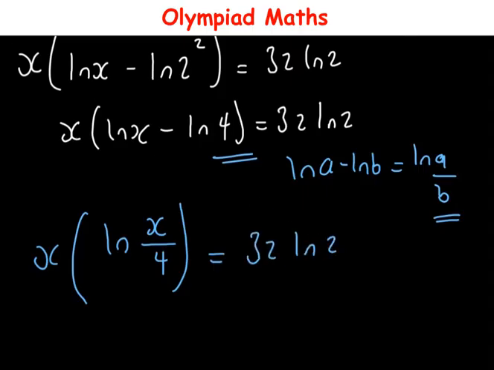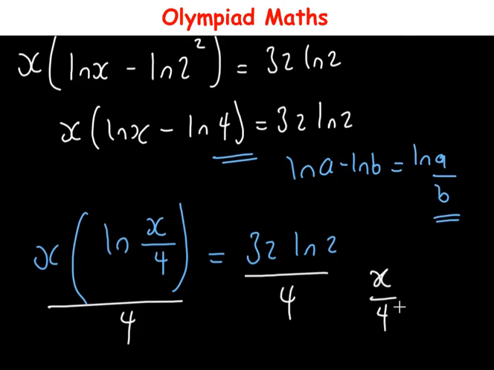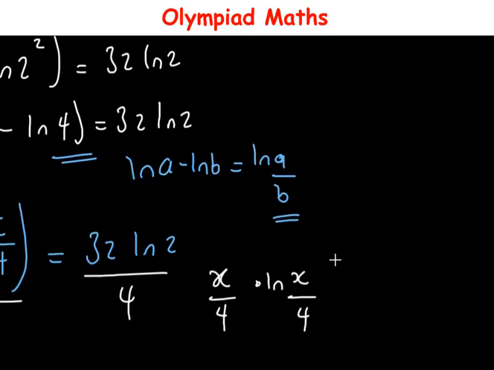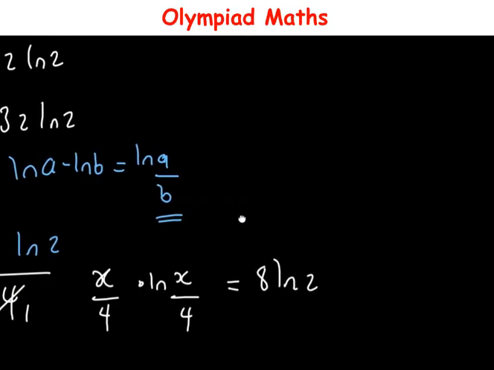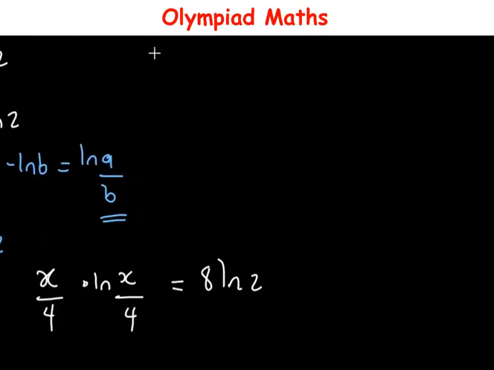With this, we are going to then divide this equation by 4, such that we have x over 4 times ln x over 4, and this is equal to, 4 we divide 32, we have 8, so equal 8 times ln 2. So from here, we have x over 4 times ln x over 4.